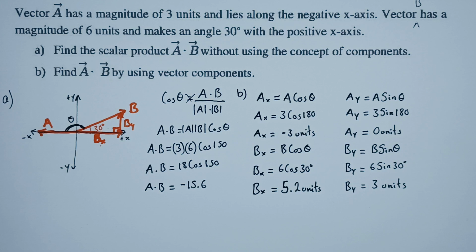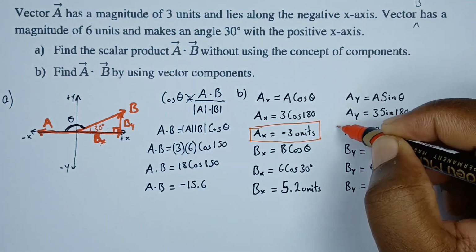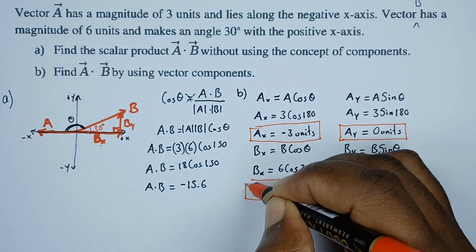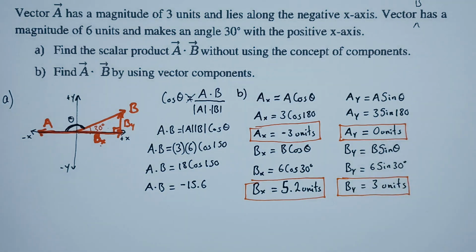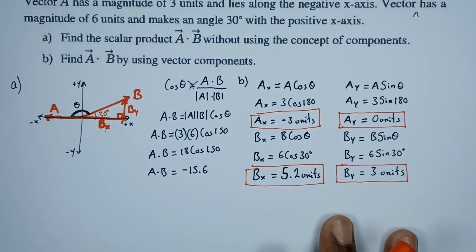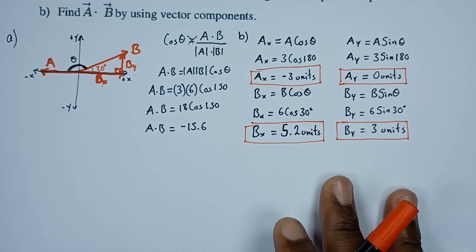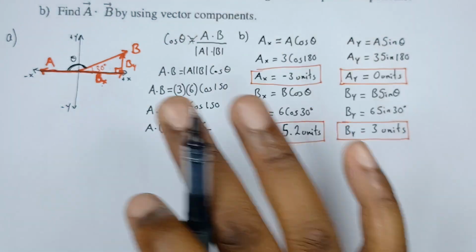Okay, so we have the components. Remember, part B was supposed to use components. So this is the x component for A, this is the y component for A, this is the x component for B, and this is the y component for B. So how can we find the scalar product for these two vectors? Remember, we're now using the concept of components. For the first part, we found this answer without using any components.